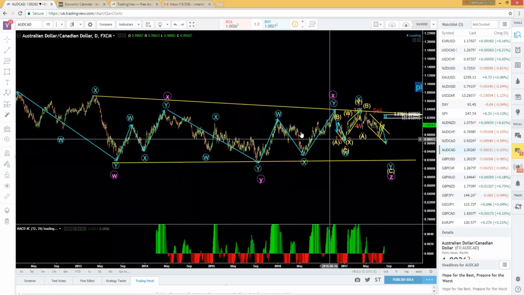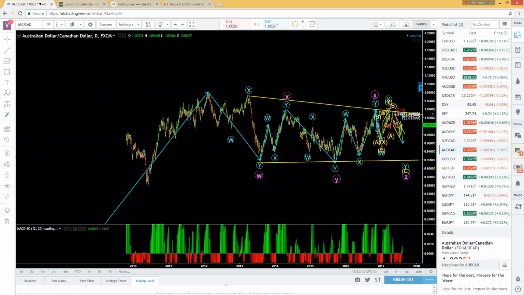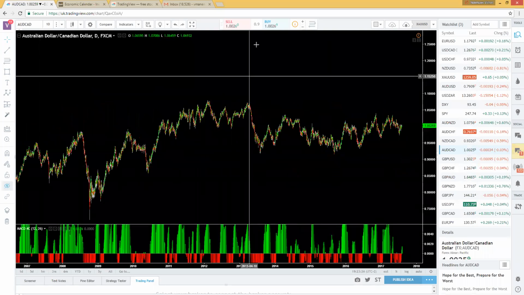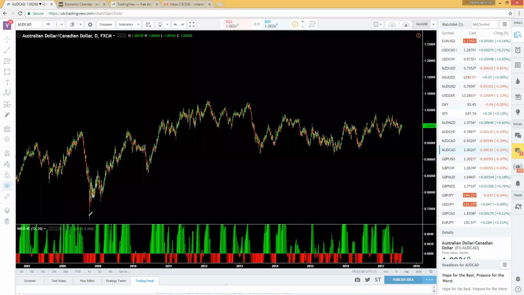Similar to US dollar CAD, this pair gave us a WXY. Where the impulse, and then we started the corrections. First one, expanding.